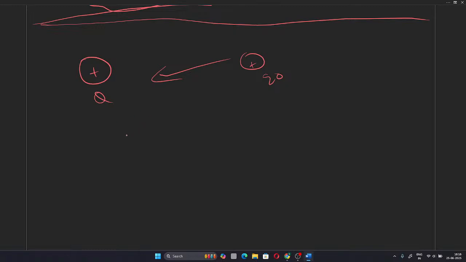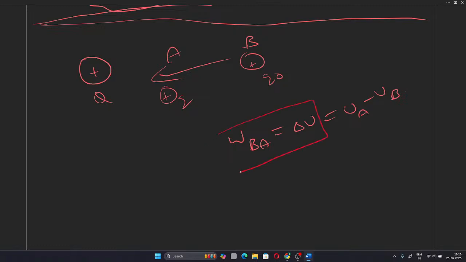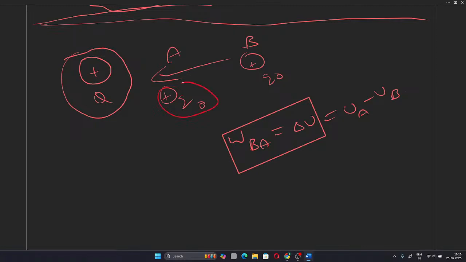As we bring this from point B to A, the work done from B to A will be equal to the change in potential energy, UA minus UB. So we can see that this change in potential energy depends on this charge Q and the charge you are moving, Q naught.